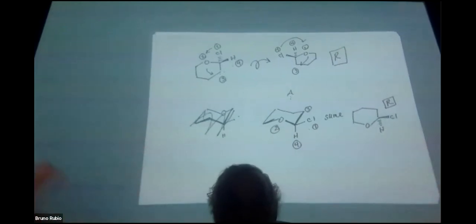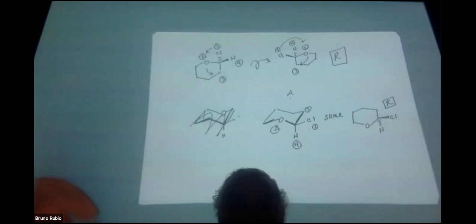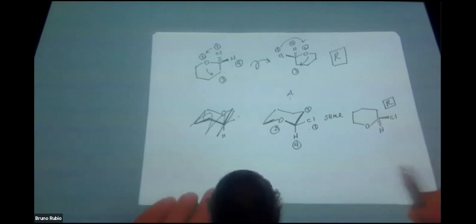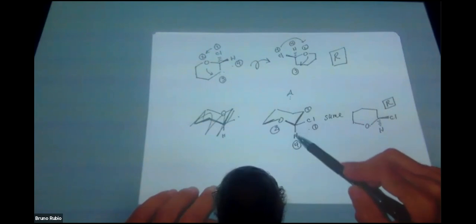But you want to develop great visualization skills, right? And you shouldn't have to redraw a molecule. You should be able to determine the absolute configuration just from the figure that you are given. And so I imagine myself here, I'm looking down on this molecule.